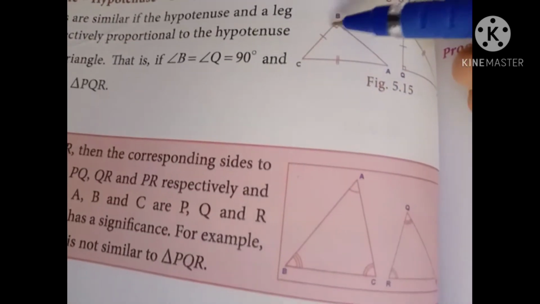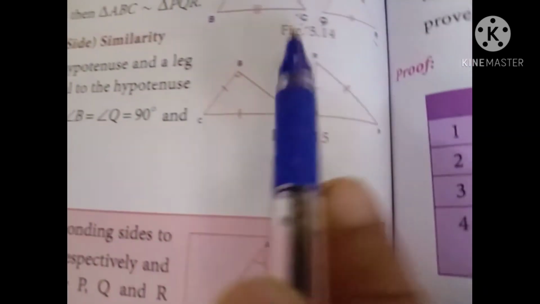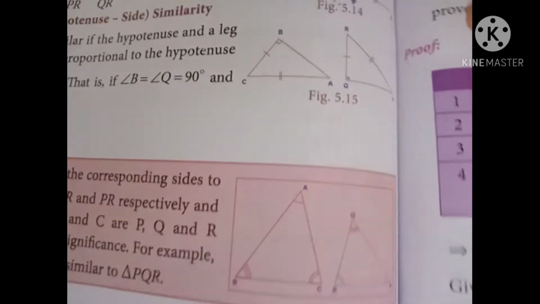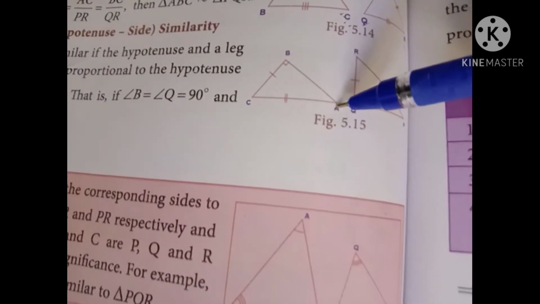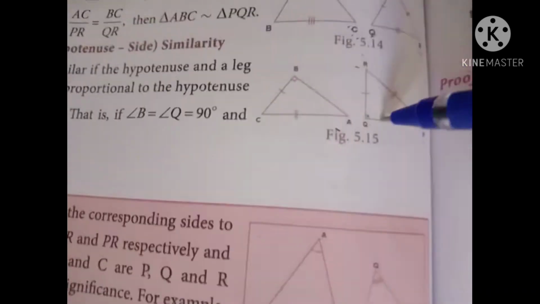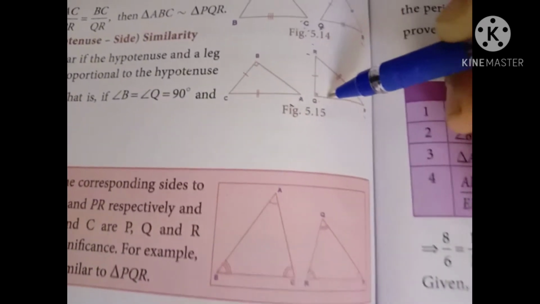That is, if you see triangle ABC and triangle PQR, angle B and angle Q are equal to 90 degrees, and AC is proportional to PR and BC is proportional to QR. You can say the triangles are similar triangles.